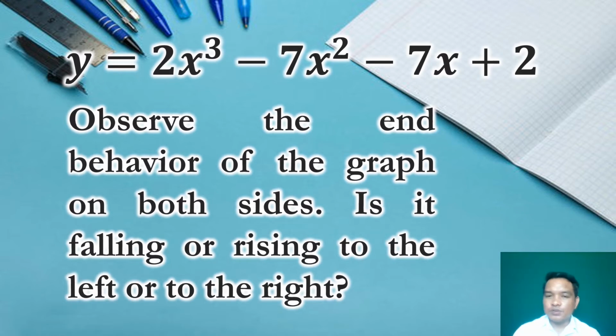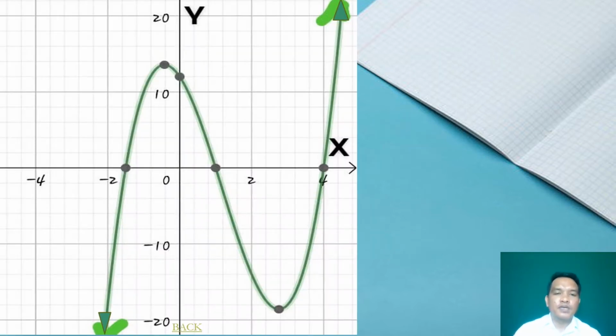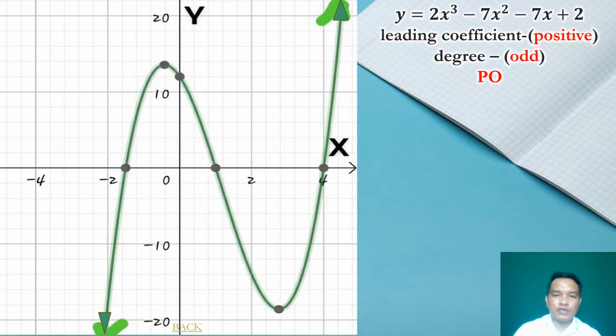Now, let us observe the end behavior of the graph on both sides, whether it is falling or rising to the left or right. This is the graph of the given polynomial function y is equal to 2x raised to 3 minus 7x squared minus 7x plus 2, which has a positive leading coefficient and odd degree, or PO.